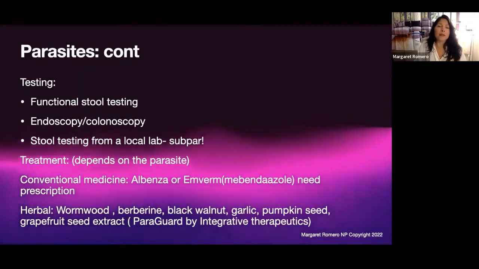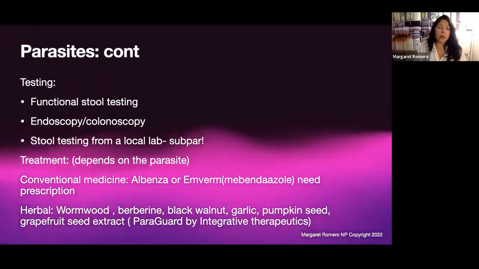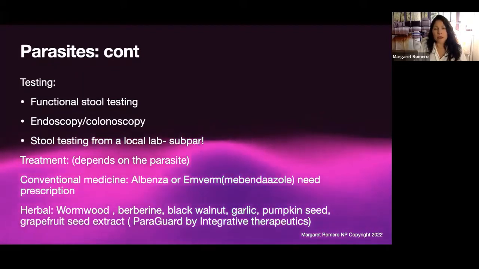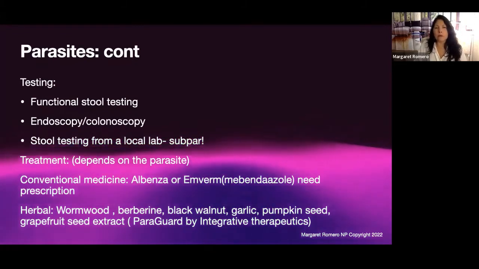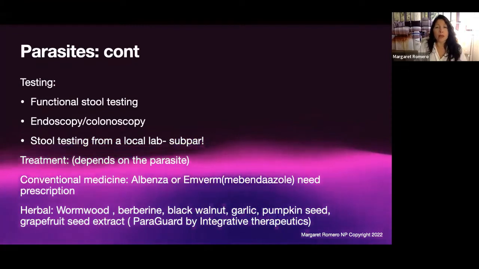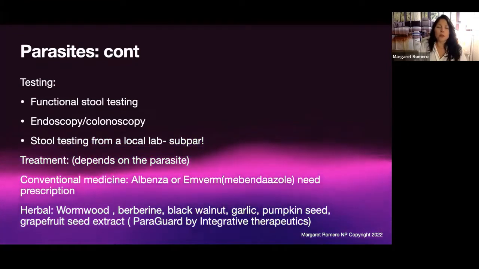It all depends what your symptoms are, what the results were that showed you had a parasite, how bad it was. If it's mild, 4 to 6 weeks. If it's really bad or you have multiple, you may want to do it for a little bit longer.